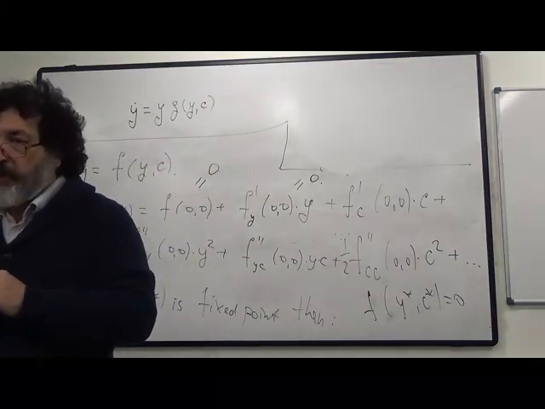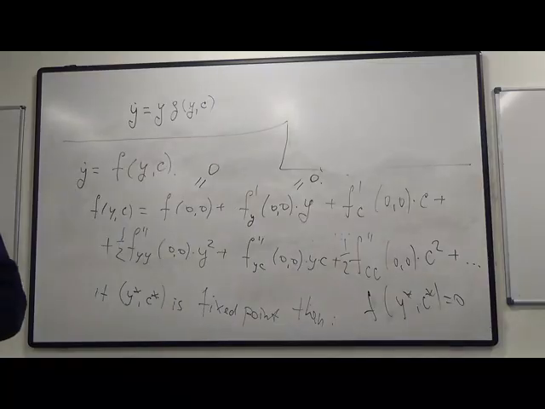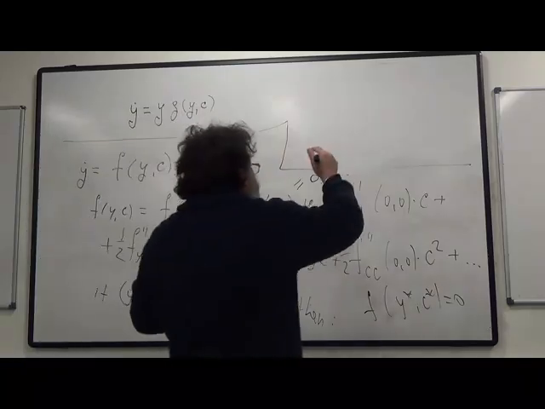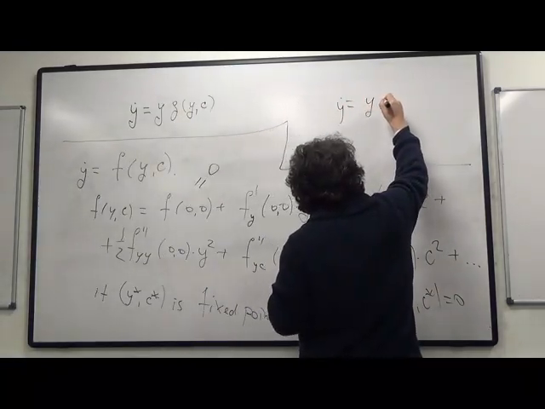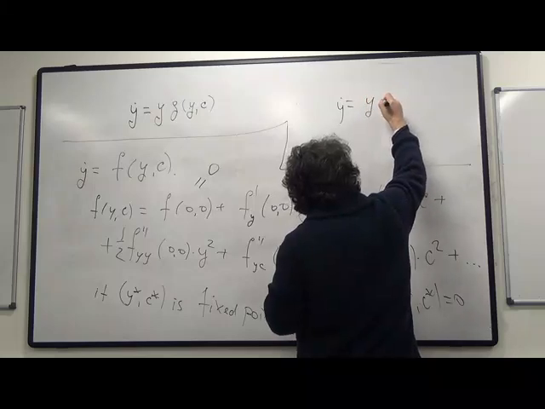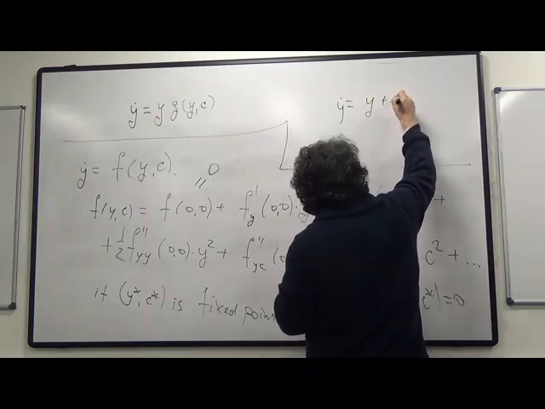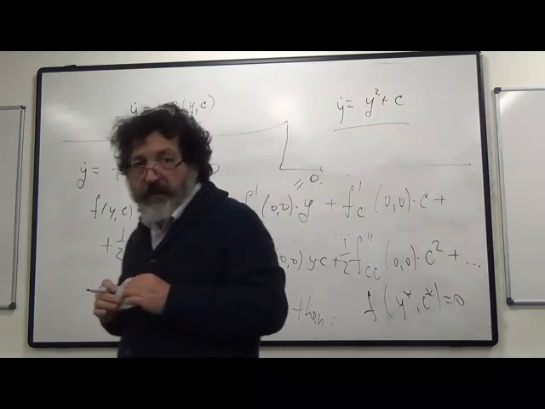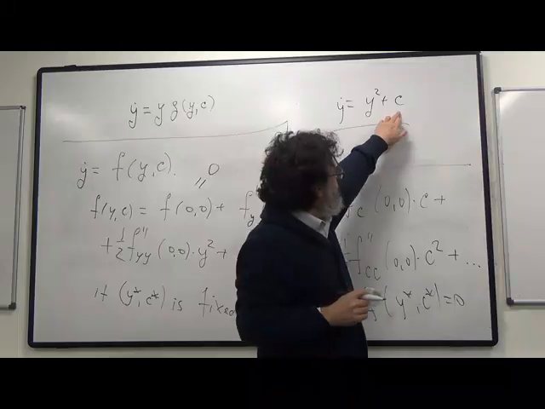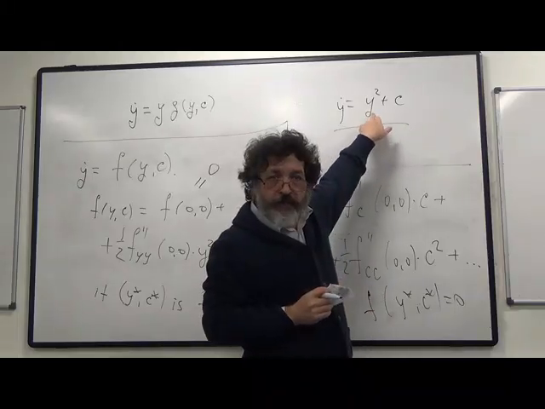Who remembers what the conditions for fold bifurcation are? You just remember that fold bifurcation is something like this: y dot equals y, let's say, plus y squared plus c. Then you can see straight away that depending on c, you will have two fixed points, or none.